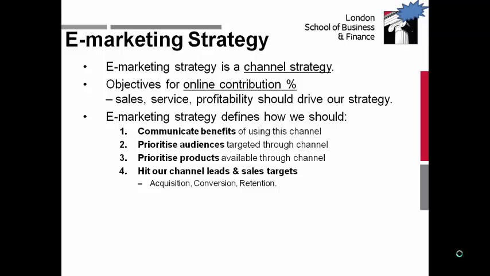In this regard, we categorize that the e-marketing strategy allows us to acquire new customers, create a high conversion rate, and allows us as an organization to retain the customers.